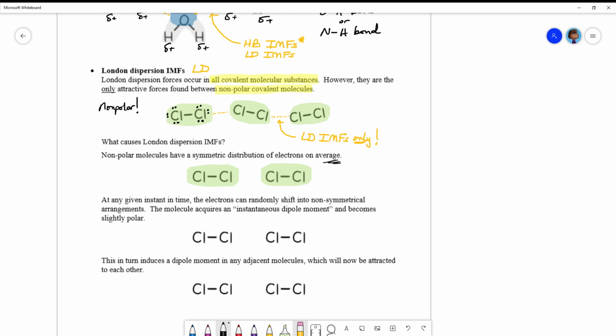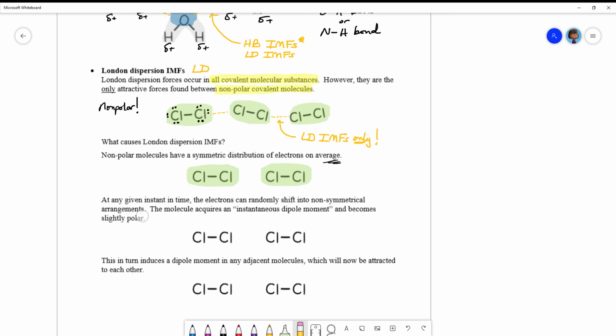So it is possible that at a given instant in time, those electrons could just randomly move a little bit to the left, or maybe they could randomly move a little bit to the right. In other words, for that one instant in time, what happens is that the electrons randomly shift into a non-symmetrical arrangement.